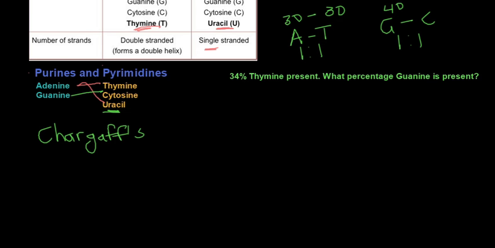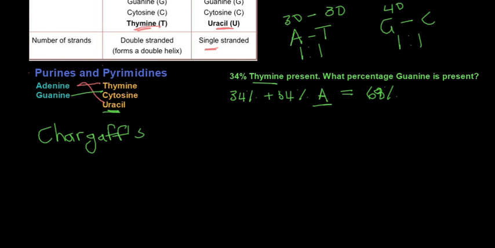So what you have to do now is you need to do a little bit of maths quickly. So if there's 34% thymine, that means there's going to be 34% adenine, because adenine binds with thymine. So these two together give me a total percentage of, what is that, 68. 68% of the strand is made up of thymine and adenine.